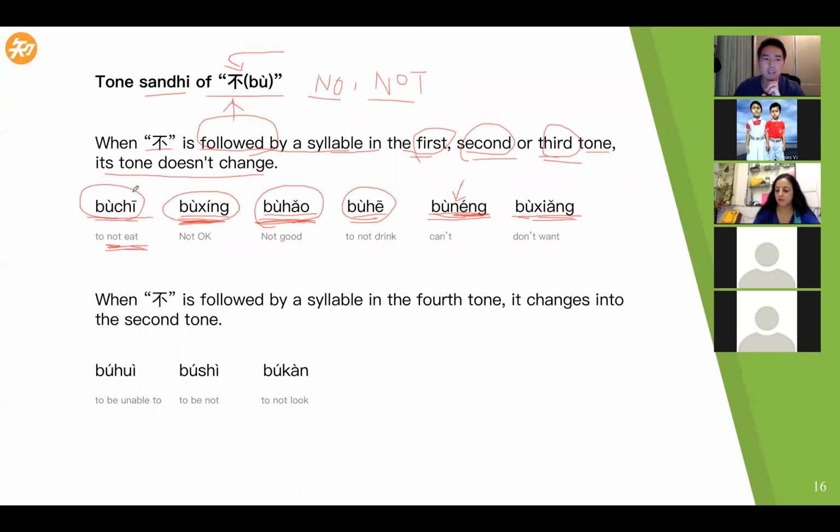So pay attention. This one is in the first tone. This is in the second tone. This one is in the third tone. This is the first, second, and the third, right?